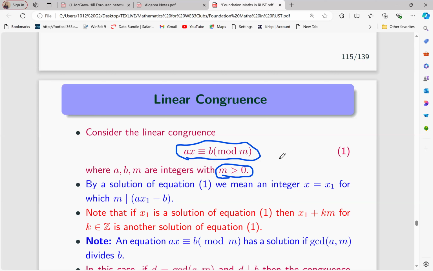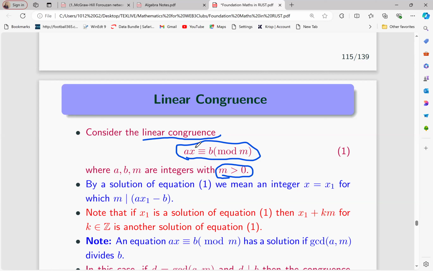An equation of this kind is what we call a congruence equation, a linear congruence. Linear, because if x is raised to a power, then it ceases being linear.